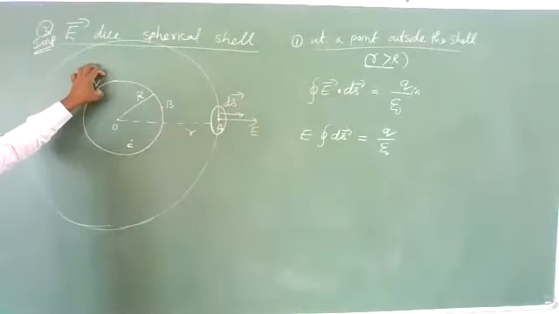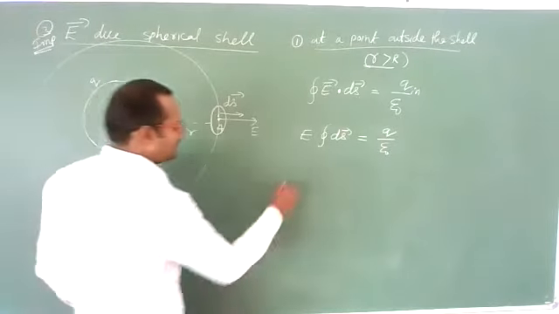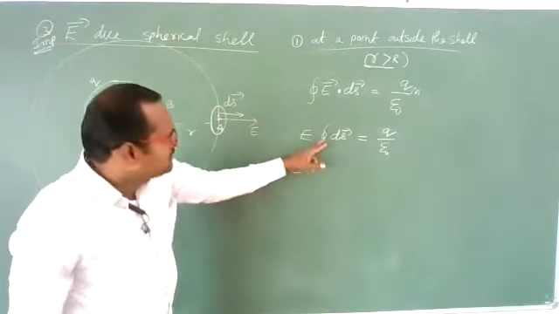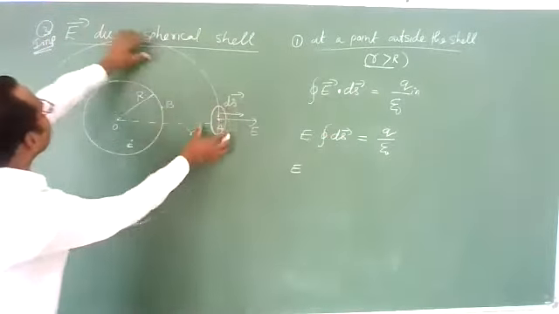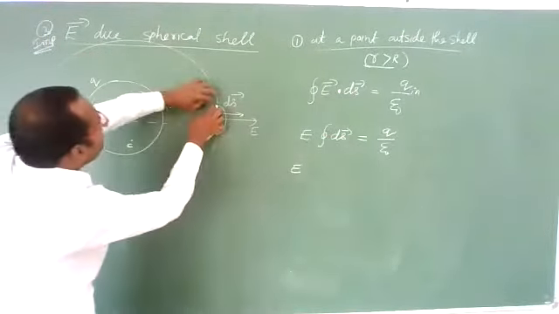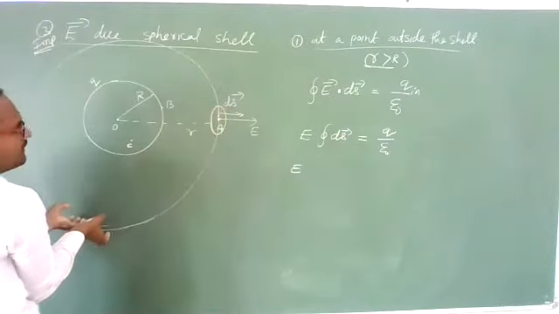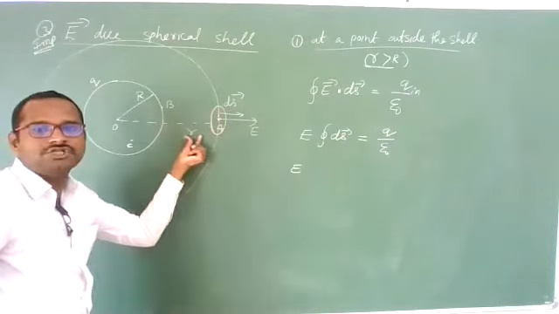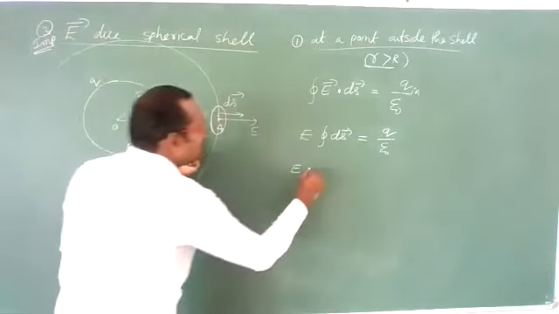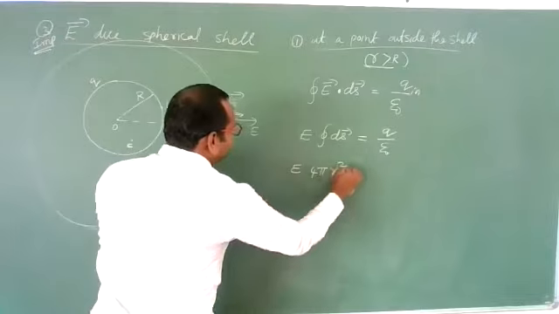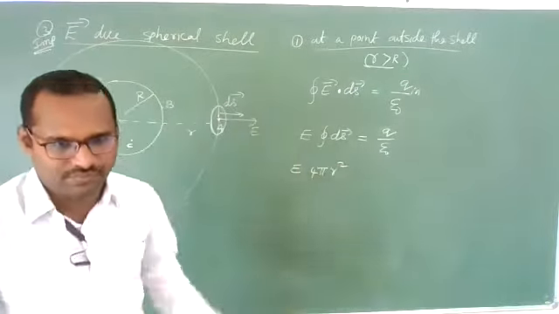E times the surface integral of dS: if you evaluate this, for a spherical surface of radius small r, the surface area is 4 pi r square.